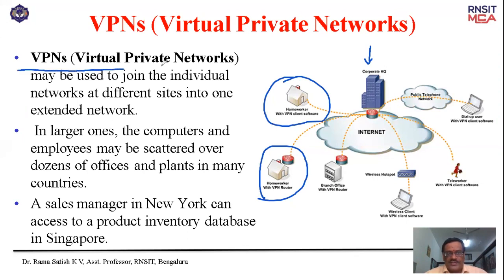We call it a virtual private network. And a virtual private network may be used to join individual networks at different sites into one extended network. And a virtual private network is through your public internet. So you have to connect through the internet. And some people connect through phone lines also.